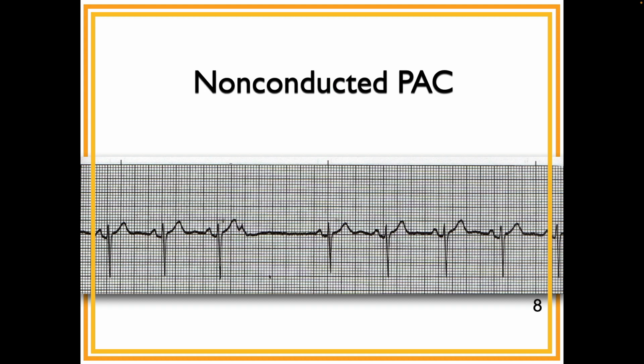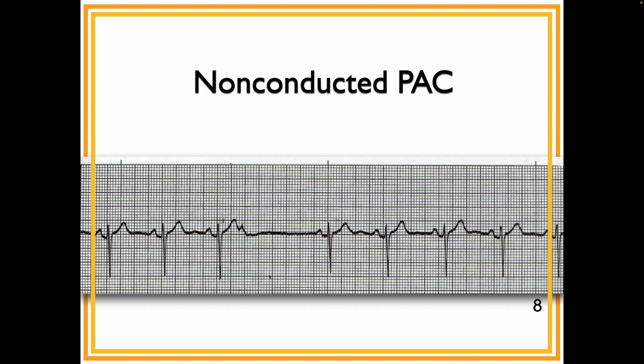Now, notice this one is pretty obvious, right? It's there. But it might not be quite that obvious. If you just glance at it, you might say, oh, this is a normal sinus rhythm with a sinus block. But it's not a sinus block. What's happened is that the ectopic focus in the atria depolarized, causing the P wave, and then nothing happened in the AV node.